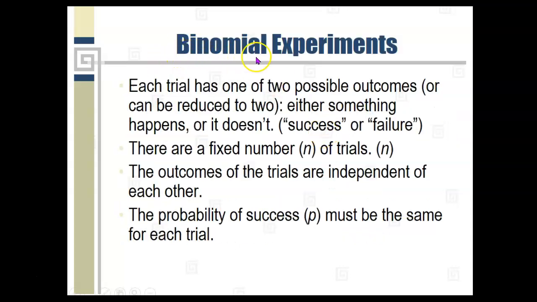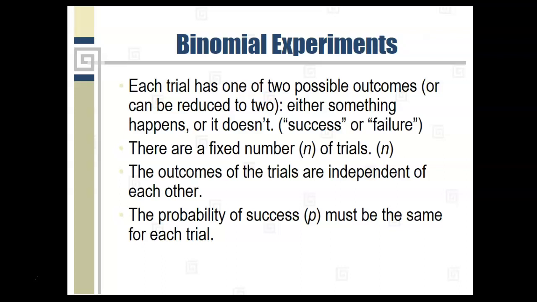So the word binomial, bi means 2. So binomial refers to the fact that there are 2 possibilities, or we can reduce it down to 2. So each trial, each time you try something, try to get a hit, try to flip a coin, try to invite somebody over for dinner, either something happens or it doesn't happen.